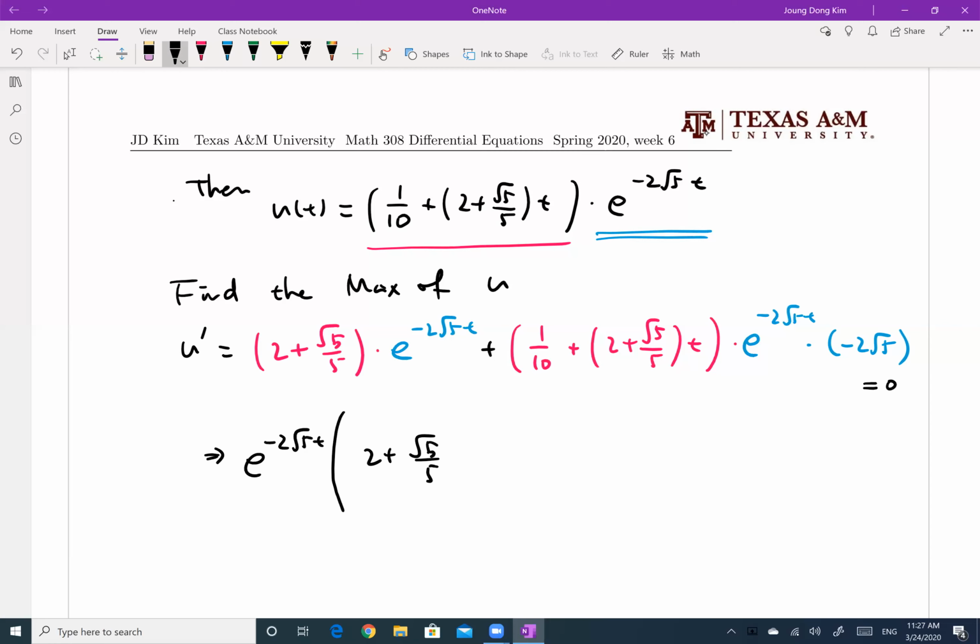I'm saying this one distribute here and here, right? So it will be minus √5 over 5, and let me do at the same time negative 4√5, and then negative 2. That's it.